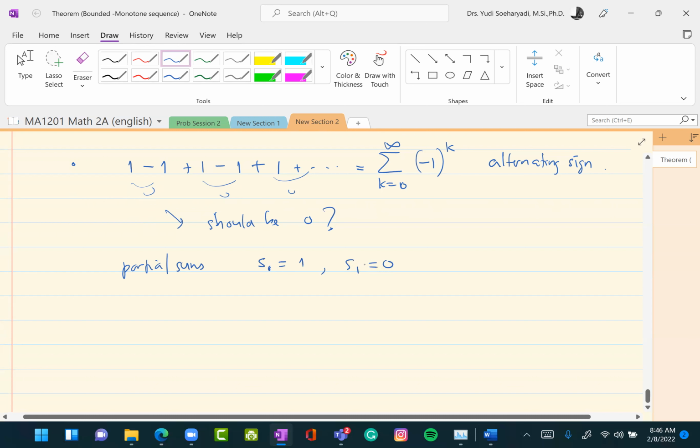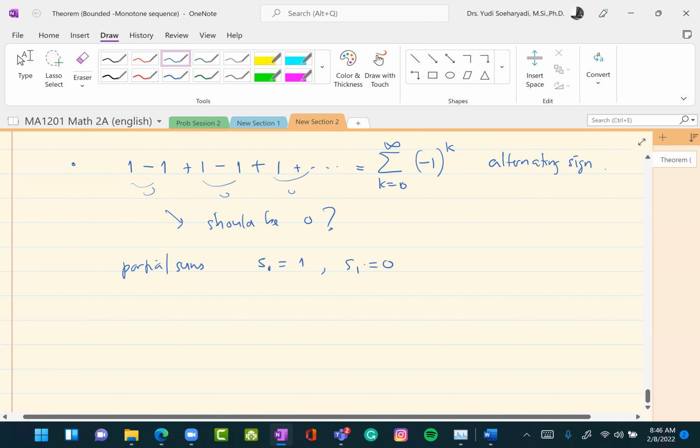So the contributions from the terms farther to the right are small, so this tends to 0.